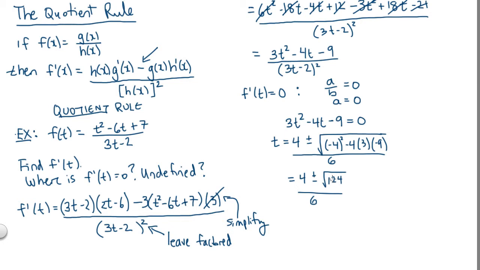The first thing you might notice as you try dividing 124 through by various square numbers, 2 squared, or 4, is going to divide into 124. So we can actually think of 124 as 4 times 31.